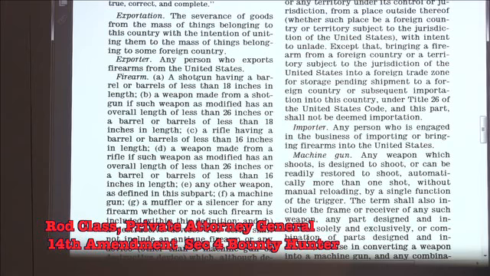A weapon made from a shotgun, if such weapon is modified, has an overall length less than 26 inches, or a barrel length less than 18 inches. That's a firearm. A weapon made from a rifle, if such weapon is modified, has an overall length less than 26 inches, or a barrel less than 16 inches in length.